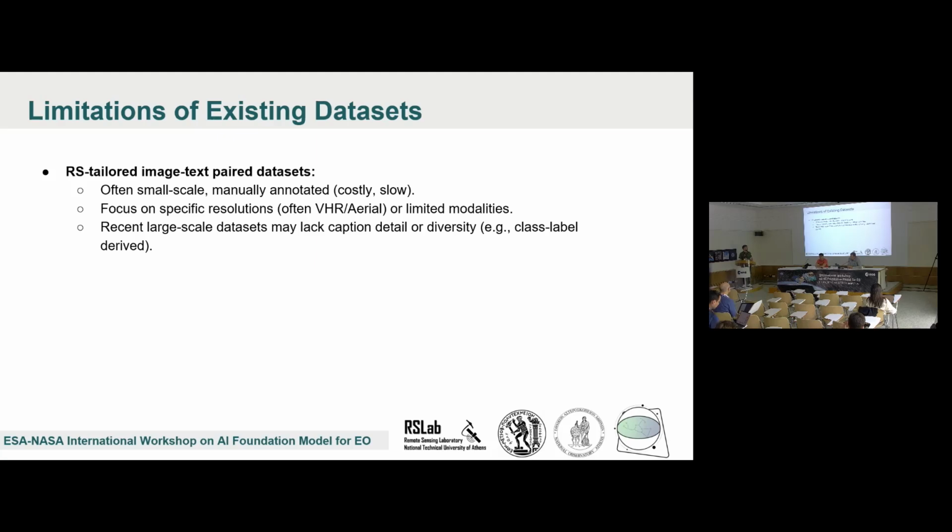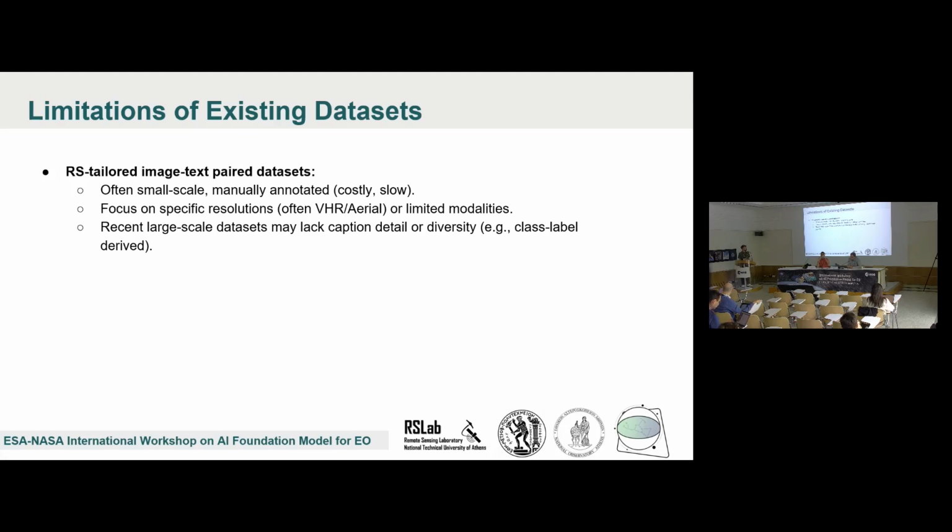So why don't existing datasets solve this problem? We could split existing VLM datasets for remote sensing into two broader families. The first family contains RS-tailored image text pair datasets, which are often small scale and manually annotated, which is costly and slow. At the same time, they focus on specific resolutions and modalities, which is usually very high resolution aerial imagery and RGB modality.